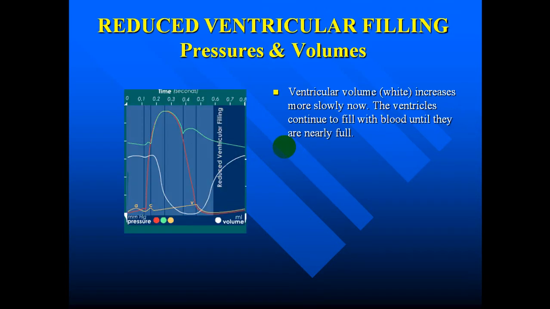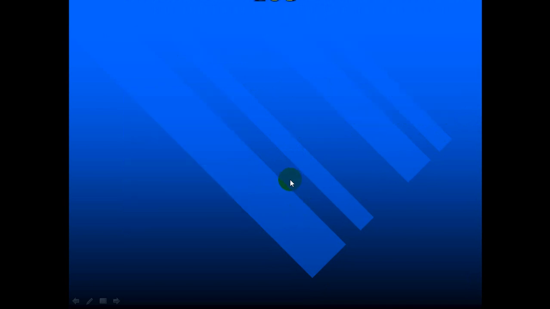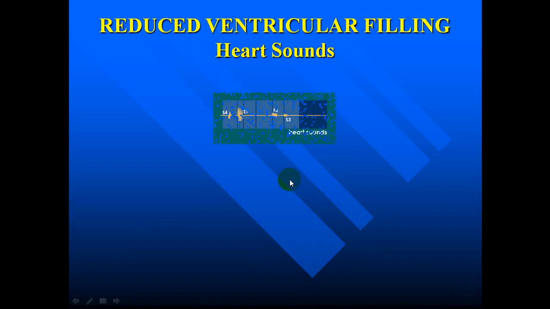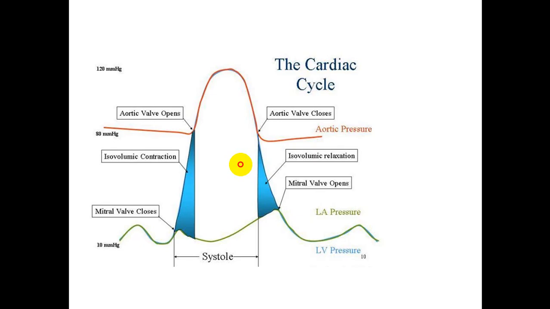Ventricular volume increases more slowly. Look, this is the rapid filling, and this is the slower increase. The ventricles continue to fill with blood until they are nearly full. There is no ECG deflection and no heart sound in this phase, and this completes the cycle and it starts once again.